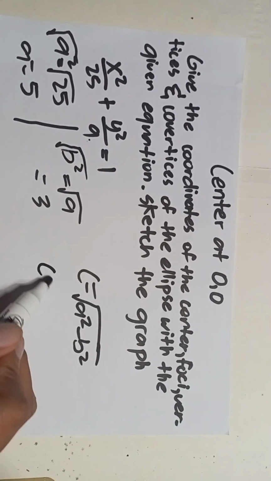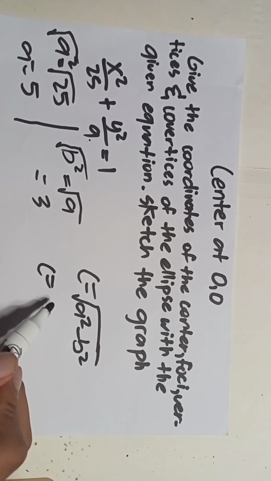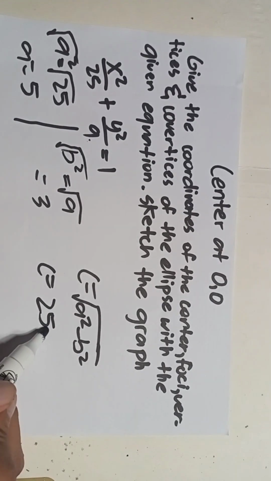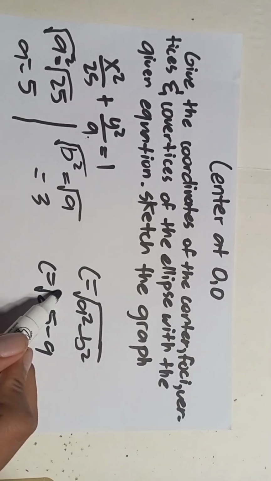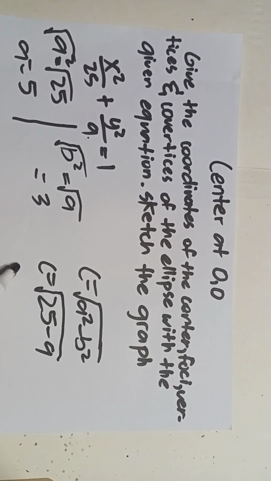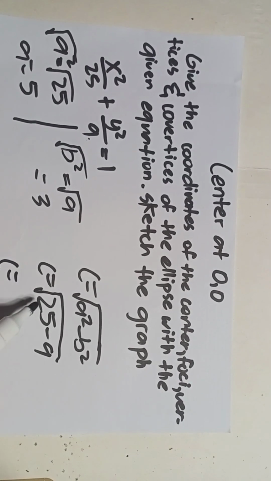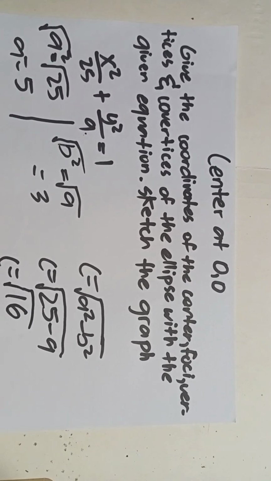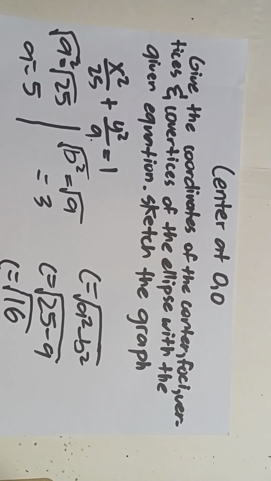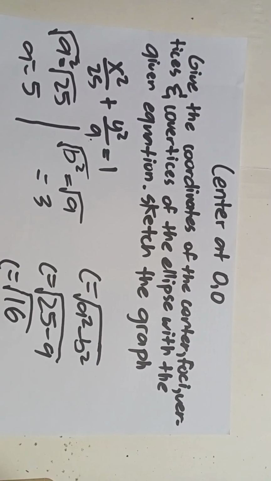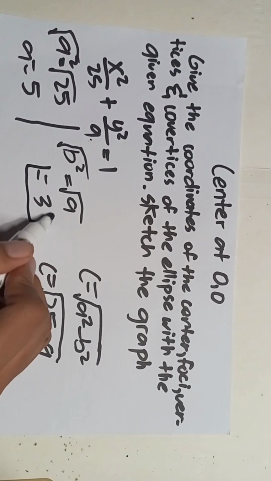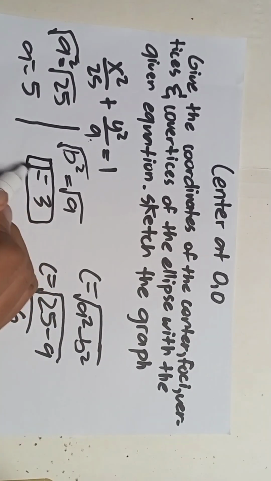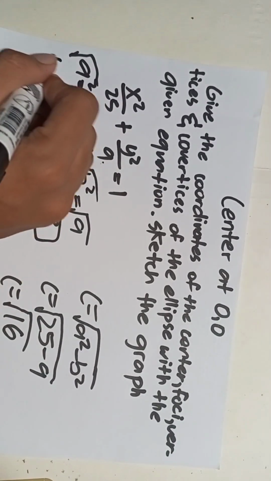Just subtract it. c is equal to the square root of 25 minus 9, which is 16, and get the square root of 16. c is equal to 4. That's our c.